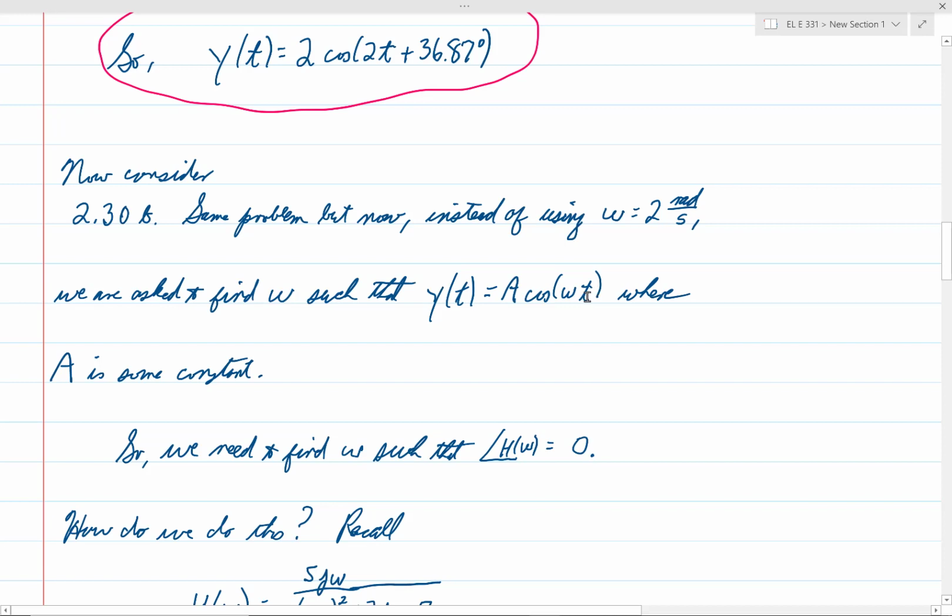So in other words, there's been no phase shift here. We started off with cosine omega t, we end up with cosine omega t, but with a possible magnitude change, but no phase change. So what omega will do that?